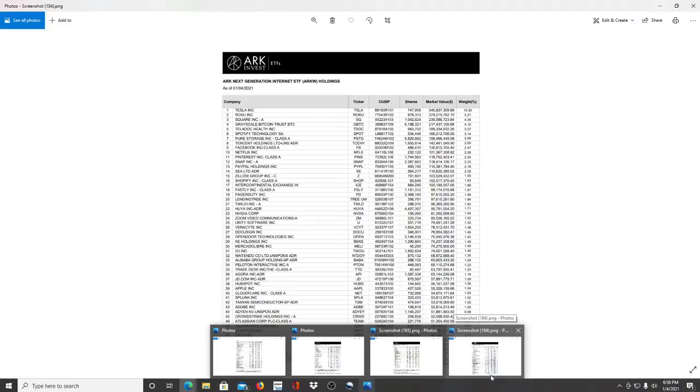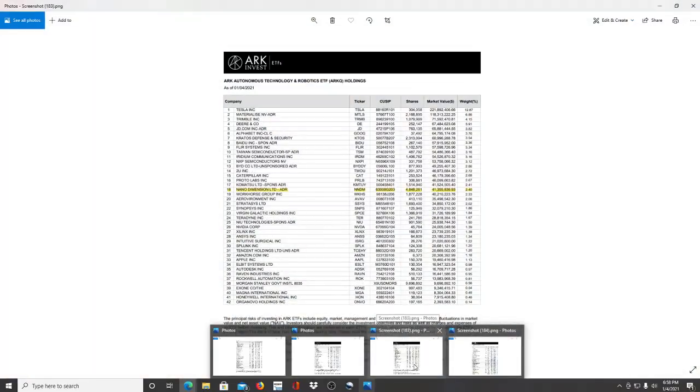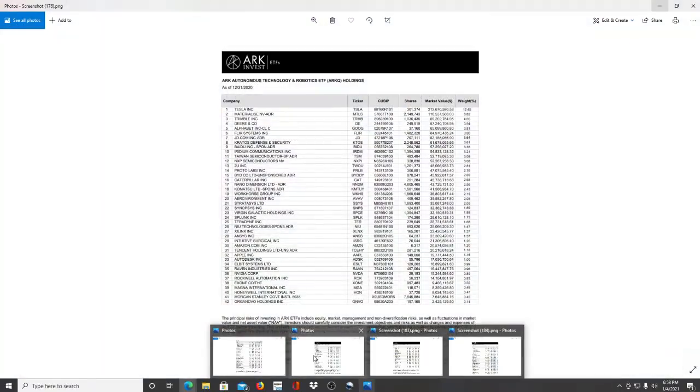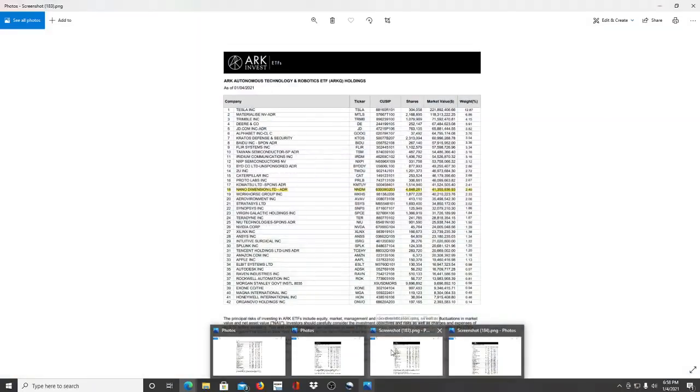But this one alone, moving from 4,805,000 over to 4,848,000, they went up by about 43,000 shares here. Big deal while it's going down.